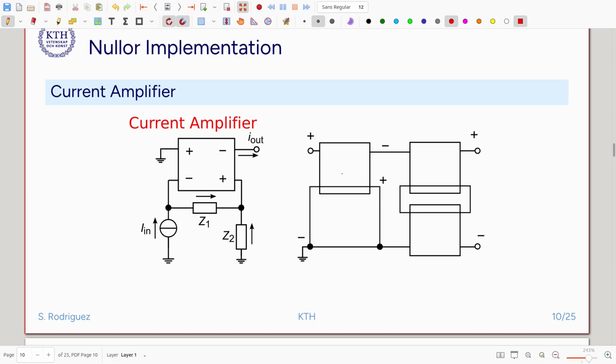We could have also done this the opposite way. We could have put a differential pair at the input and a common source at the output. Note something interesting here: both outputs are floating. We will have an example of current amplifier design in the last module.